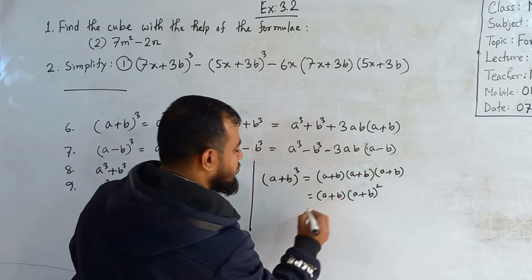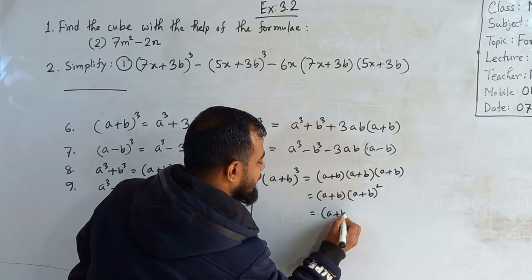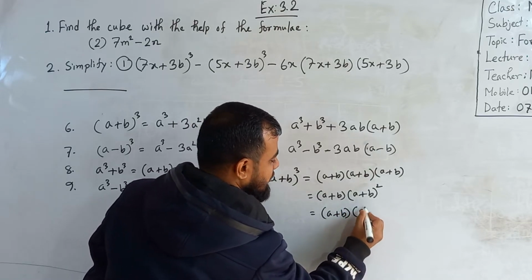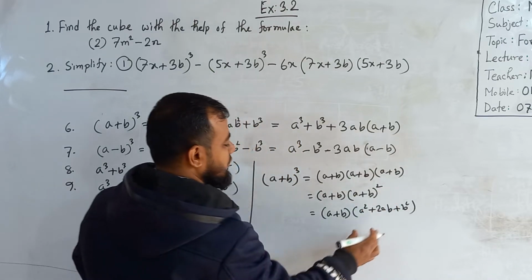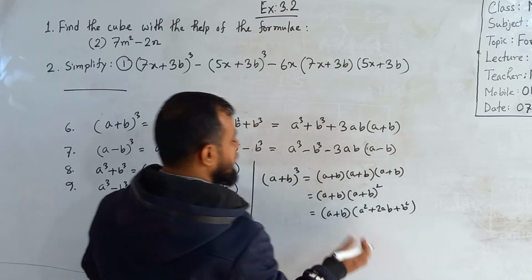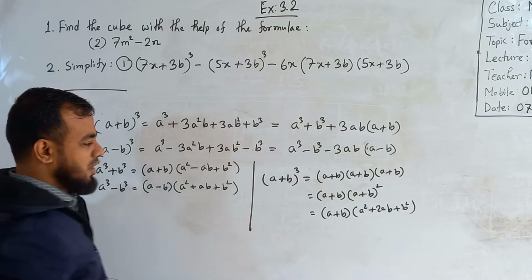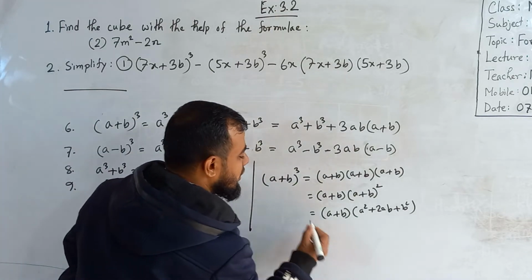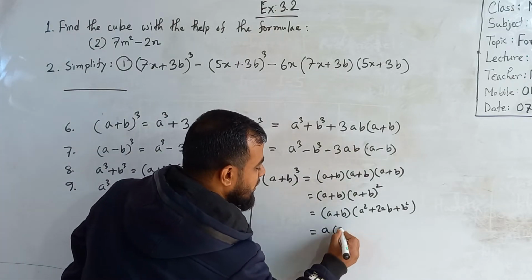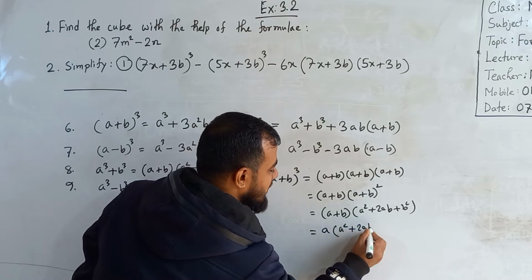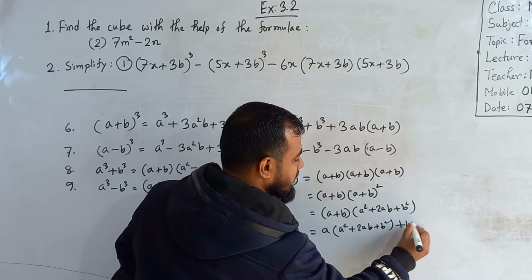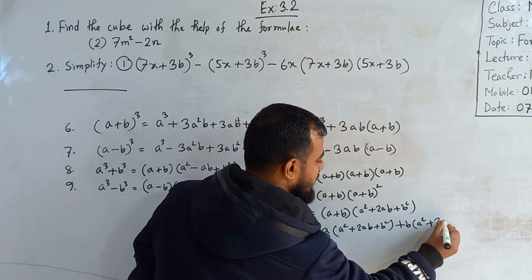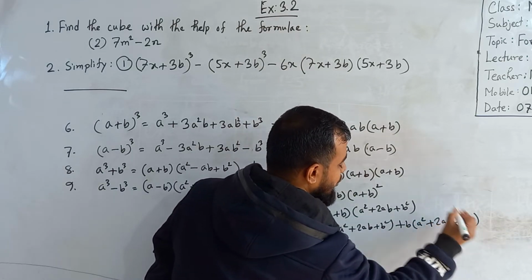Now if we put here the formula of (a+b) whole square, that is a square plus twice ab plus b square, then we can multiply these two and we'll get the formula of the cube. So write down: a is multiplied with a squared plus twice ab plus b squared, and also plus b is multiplied with a squared plus twice ab plus b squared.